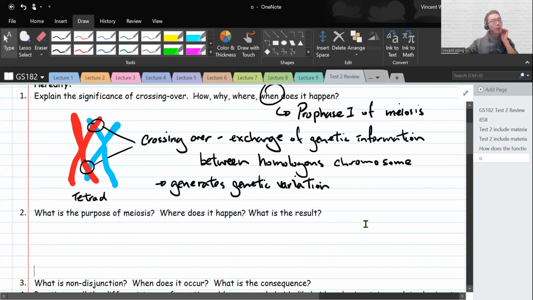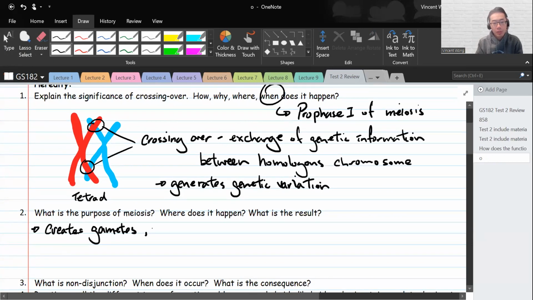Next, what is the purpose of meiosis? Where does it happen? What is the result? The purpose of meiosis is to create gametes, right? Which is needed for sexual reproduction.